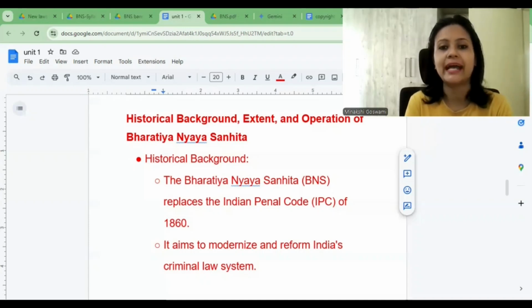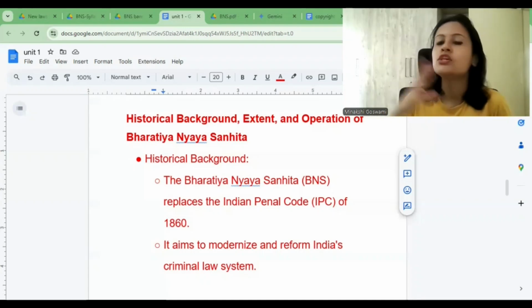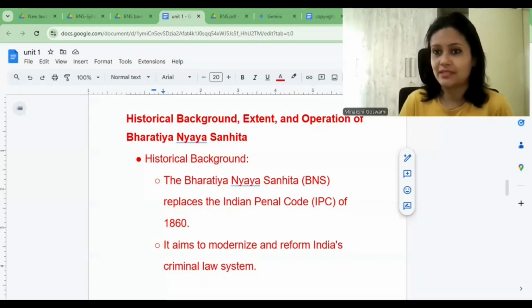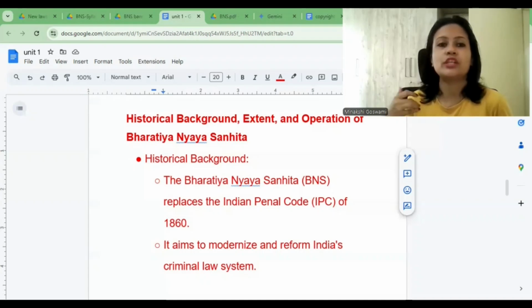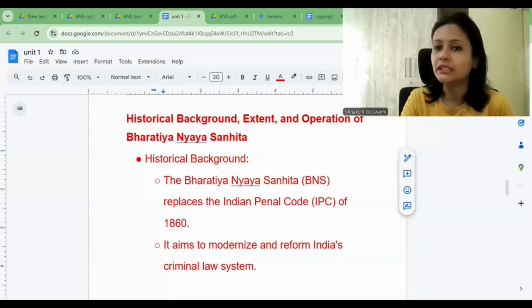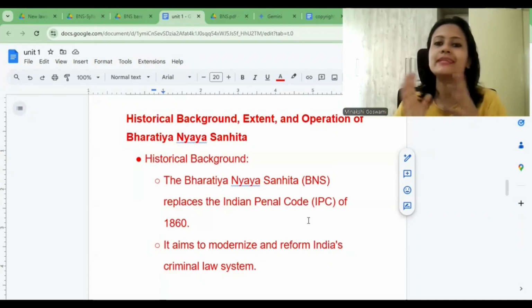So there was a need that the criminal law in the country is also modernized so that it can deal with present day crimes, like the internet, which has evolved over the years. Crimes related to the internet, crimes committed through the internet, are also properly addressed by BNS.